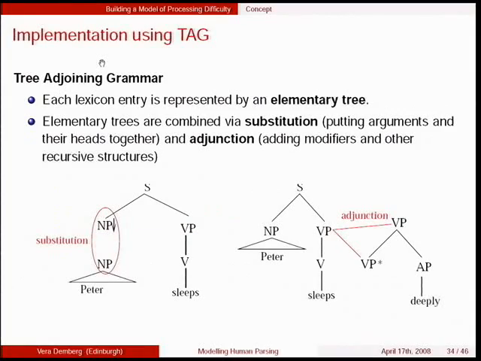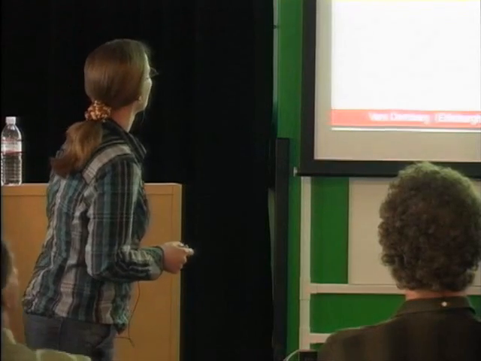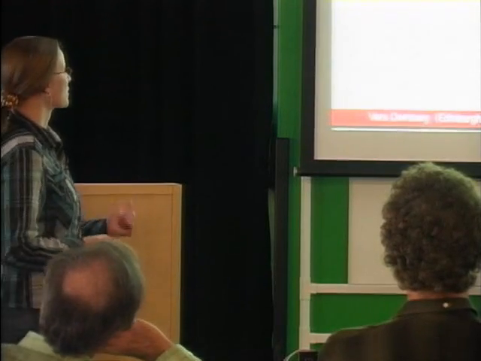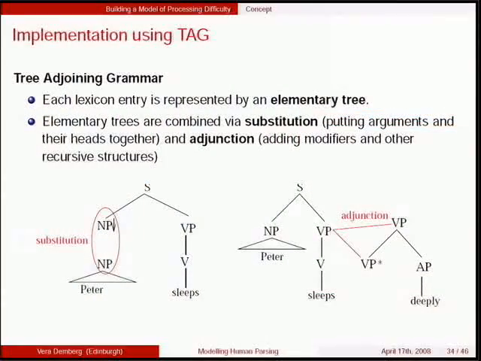So what are tree adjoining grammars? I don't know if you're familiar with them. Essentially, a lexicon entry is represented by an elementary tree. For example, Peter would be represented by an NP. A verb like sleeps would be represented as the head of a sentence needing a noun phrase in order to build a sentence.